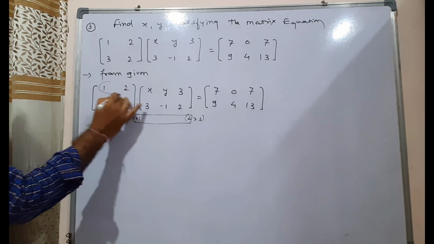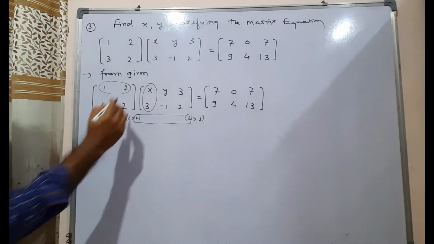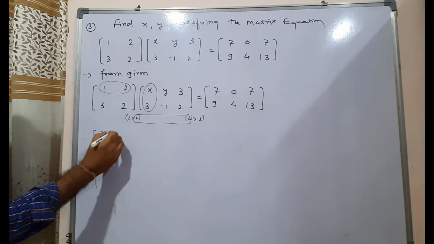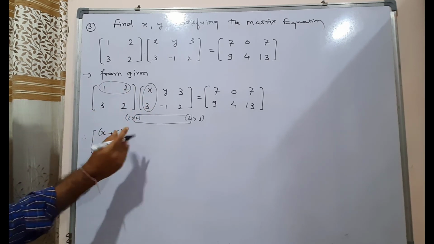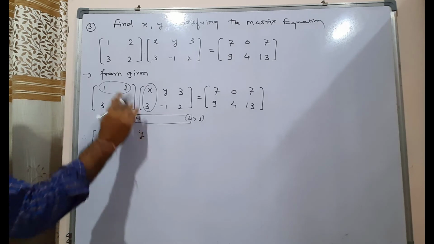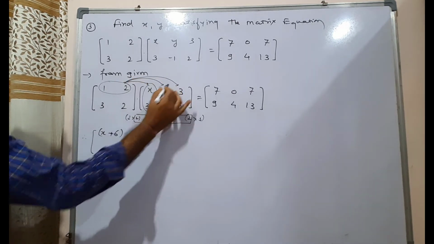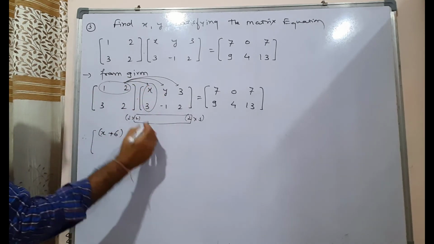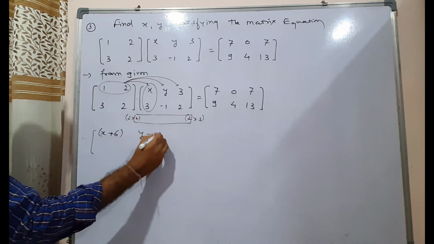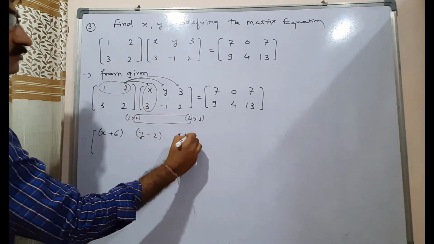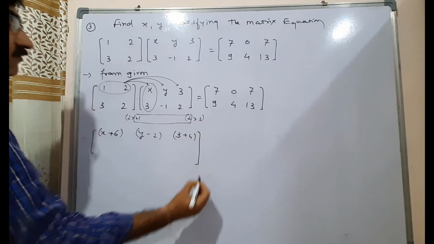So how you take the multiplication? This column and this row. 1 into x, that is x. 3 into 2, that is plus 6. 1 into y, that is y, यानी पहले ये कॉलम, उसके बाद ये कॉलम, उसके बाद ये कॉलम। 1 into y, that is y, 2 into minus 1, that is minus 2, 1 into 3, that is 3, plus 2 into 2, that is 4.